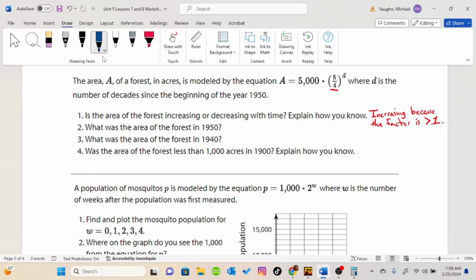So this would be our original amount or our y-intercept, and we would find that right here, the number that is by itself. So in 1950, area equals 5,000 acres.